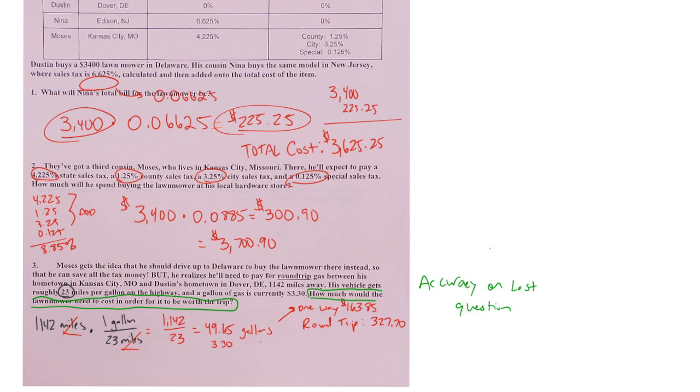Because if we were in Nina's state, New Jersey, it would cost $225. Even if we were in Missouri, we'd still pay $27 more. So find a price for the lawnmower where it's actually worth your time, your effort, and all that stuff, and explain why. So we need a lawnmower price with an explanation.